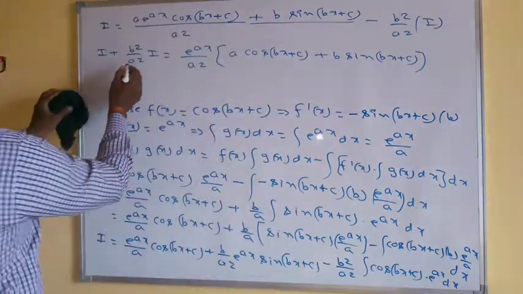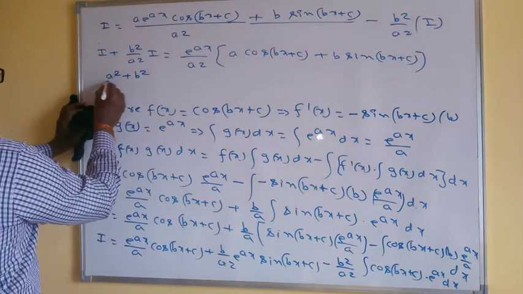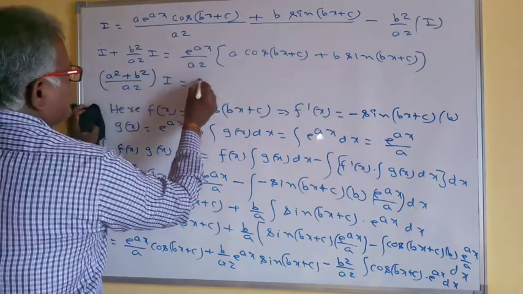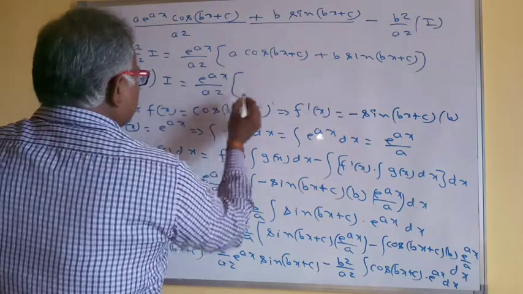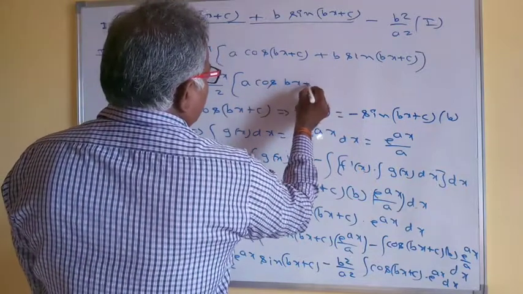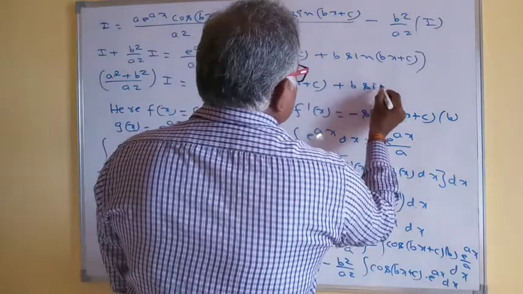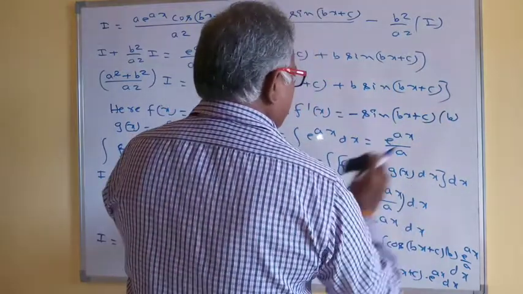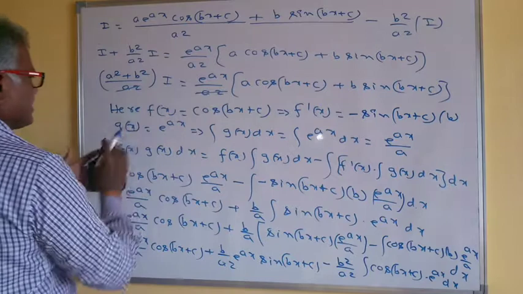So finally, what is the value? a square plus b square by a square into I is equal to e power ax by a square into a cos(bx plus c) plus b sin(bx plus c). So a square cancels, a square cancels.